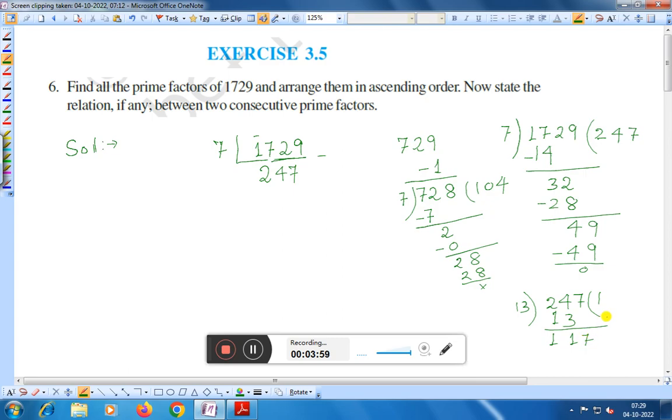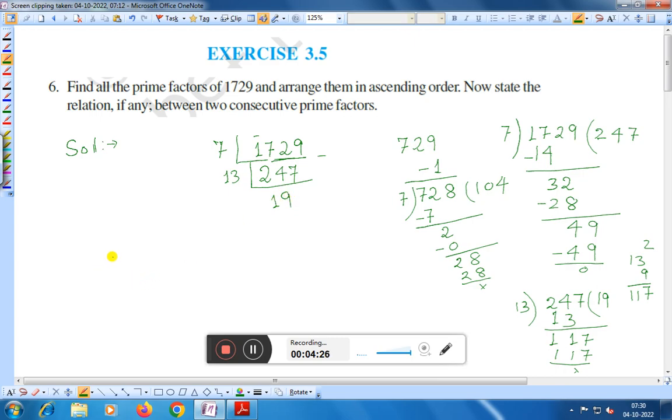If we multiply 13 with 9, what do we get? 3 times 9 is 27, 1 times 9 is 9, plus 2 is 11. That is 117. So 13 into 19 is 247. That means if we divide this number by 13, we get 19.